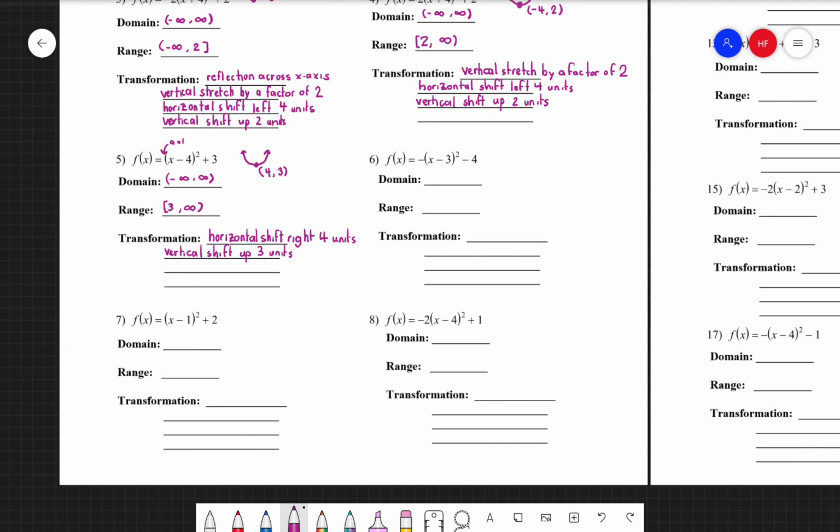On number 6, we have negative (x minus 3) squared minus 4. So here, my a value is negative 1. So I have 3 changes. The first one is that negative sign, which makes a reflection across the x-axis.